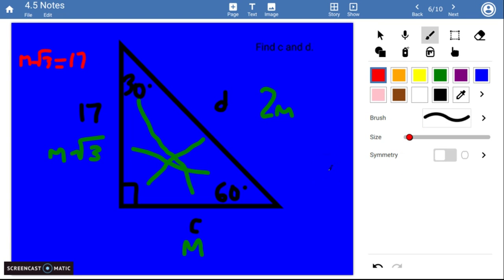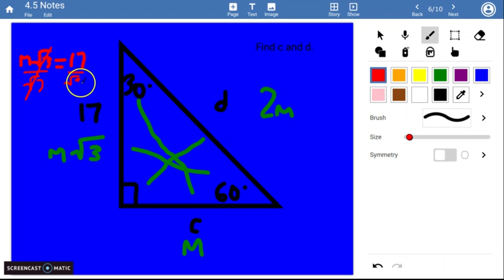When you're in a situation like this, you want to get M by itself, so you have to get rid of whatever's with it. You can get rid of the root 3 by dividing, and it would cancel out from M. And then you also have to do it on the other side.